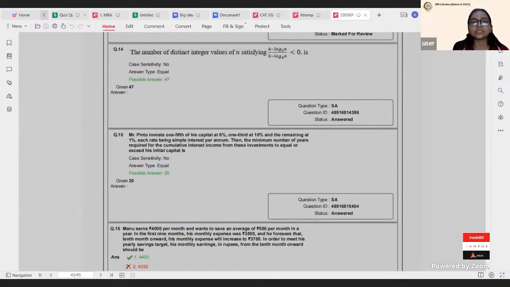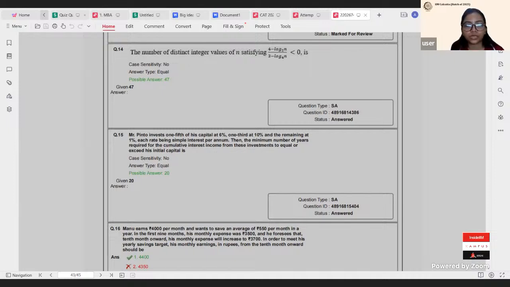Going to the next question, it essentially mentions that the number of distinct integer values of n, for which log base 2n of 3 minus log base 4n has to be less than 0.